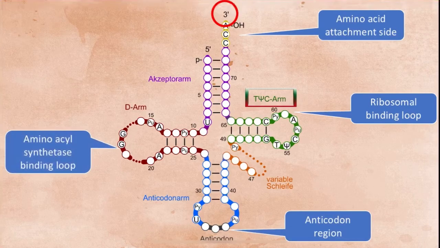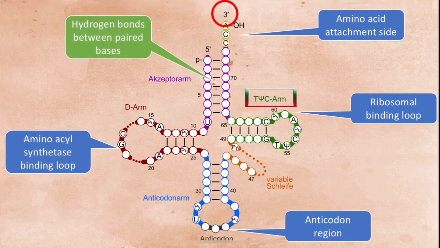Another arm on the other side is known as the aminoacyl synthetase binding loop, because at the time of protein synthesis, that is translation, the aminoacyl synthetase will bind over here. It is an enzyme for the translation purpose. This is also known as the D arm.